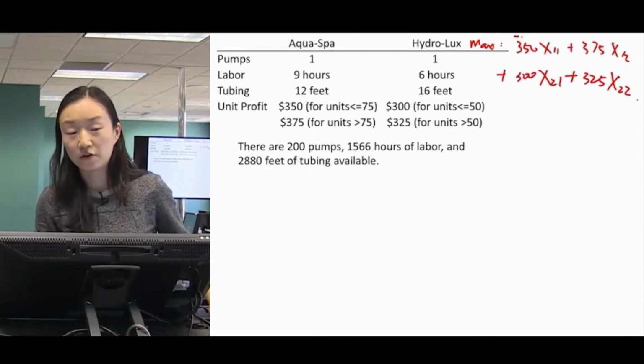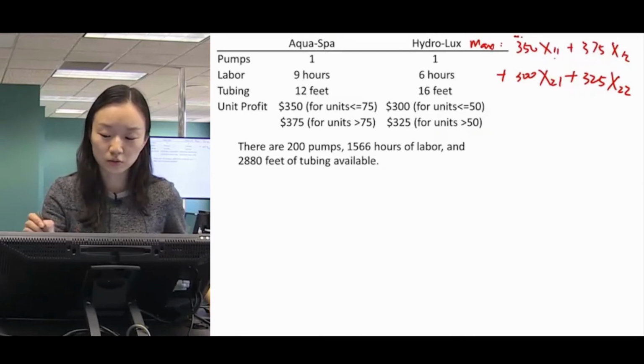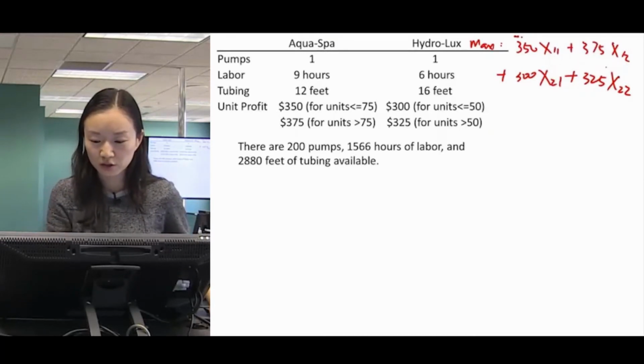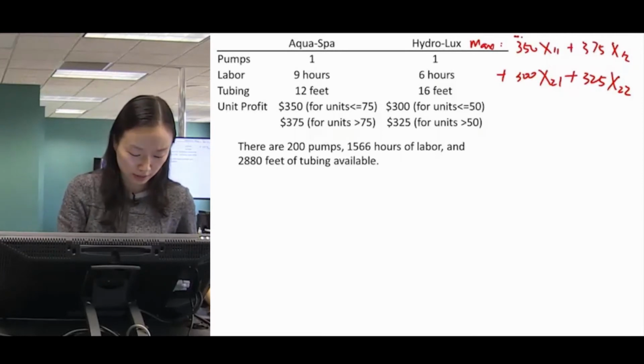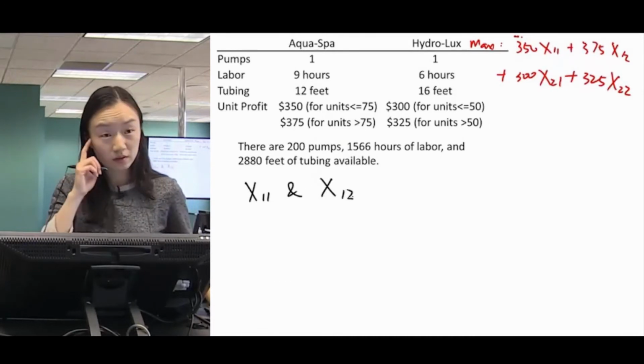That's our objective function. And we said when we define the decision variables, we need to define their relationship. Okay, so what's the relationship between x11 and x12? x11 and x12, what's the relationship?